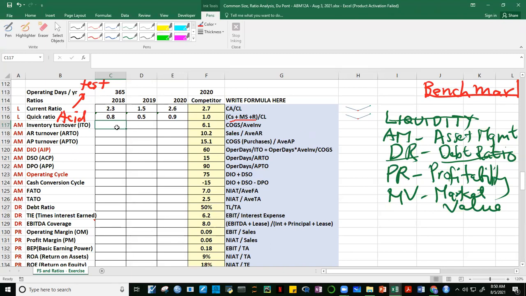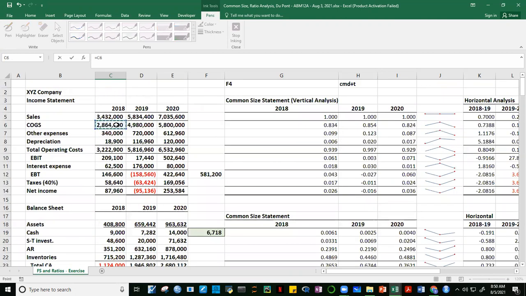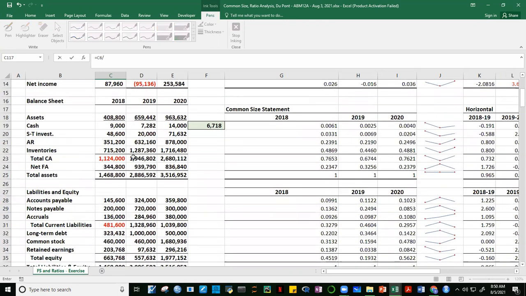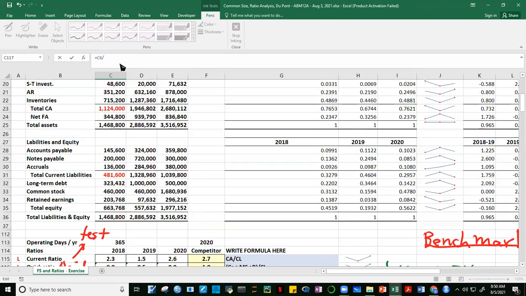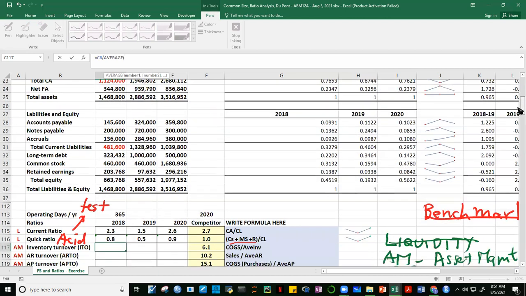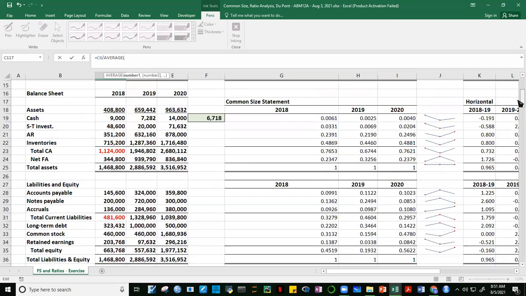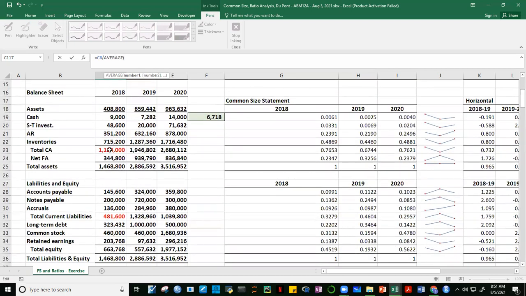Okay? So let's compute for the inventory turnover ng 2018. So it will be cost of goods sold, okay, divided by the average, no? Kukunin natin yung average. Let me type here, average. Average ng ano? Average daw ng inventory.